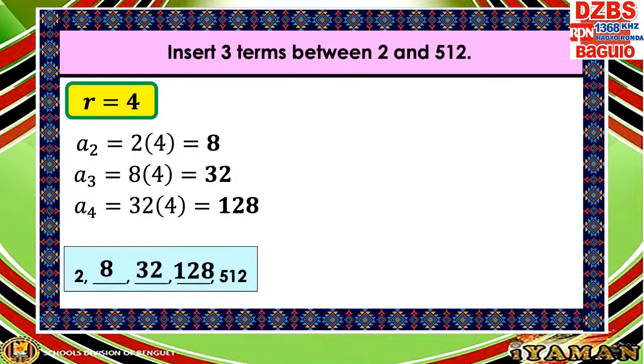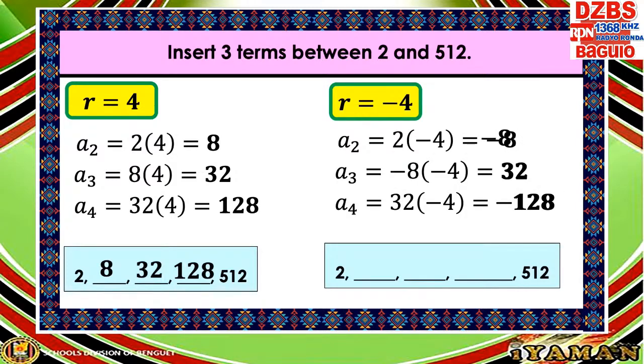So, if r is equal to positive 4, then the three geometric means between 2 and 512 are 8, 32, and 128. If r is equal to negative 4, the second term will be negative 8, the third term will be positive 32, the fourth term will be negative 128.